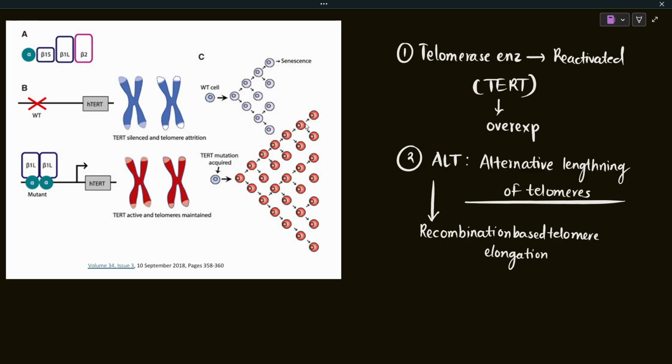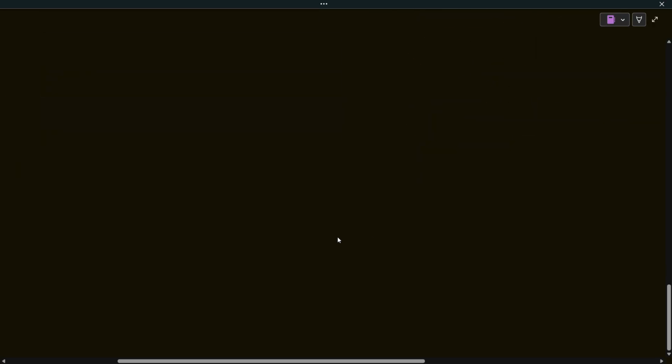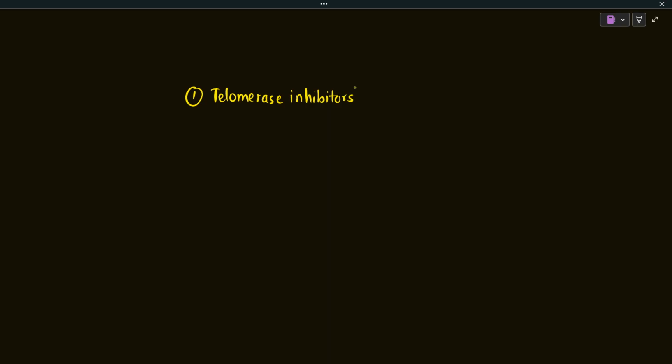So what can we do so that the telomere maintenance mechanism can be stopped in the cancer cells? We can use telomerase inhibitors. So let's list them down. There are certain inhibitors like BIBR1532.